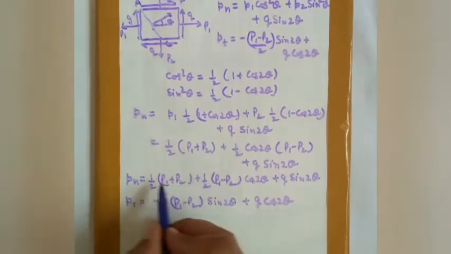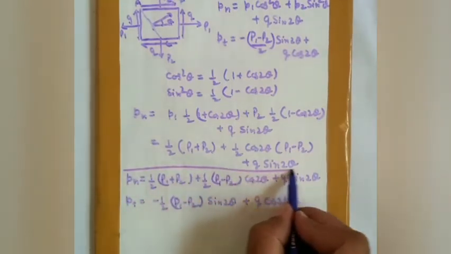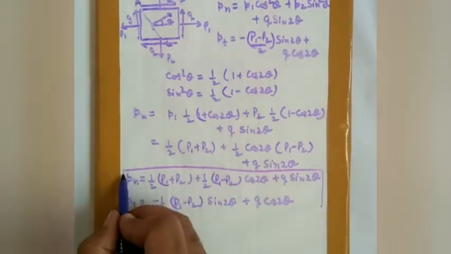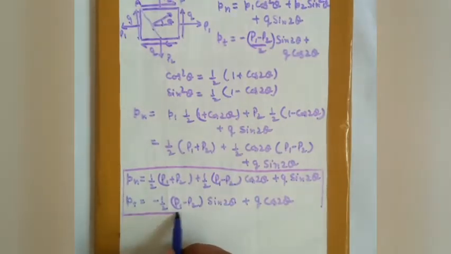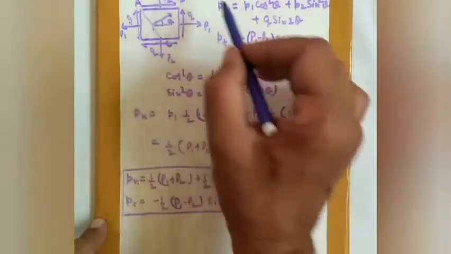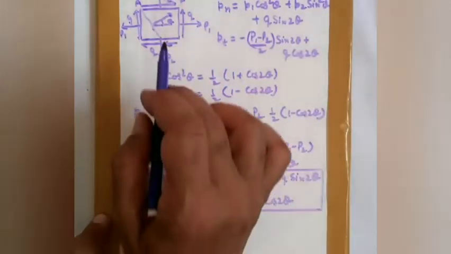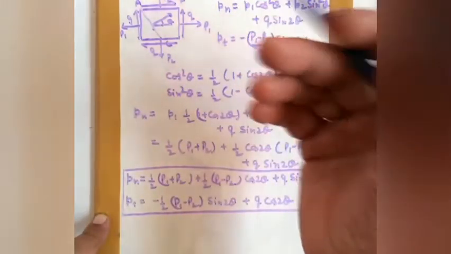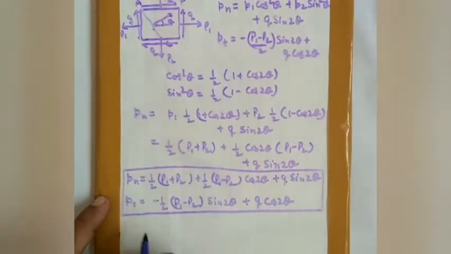These two equations are called transformation equations, since they transform the stress components from one axis to another axis. Let us understand this transformation more clearly. Let us take the element.